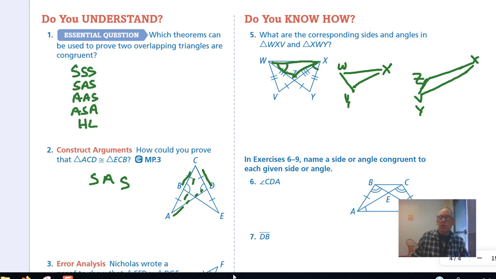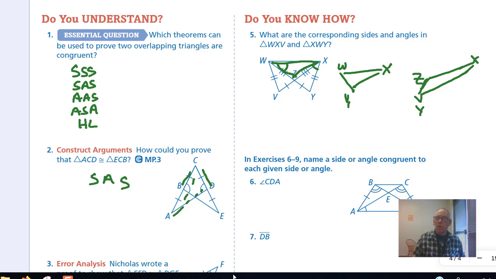Those two angles are going to be congruent because of them being base angles of an isosceles triangle, since those other sides are marked as 3's. So WX is congruent between the two triangles.